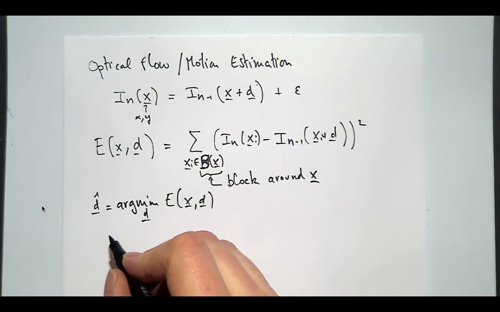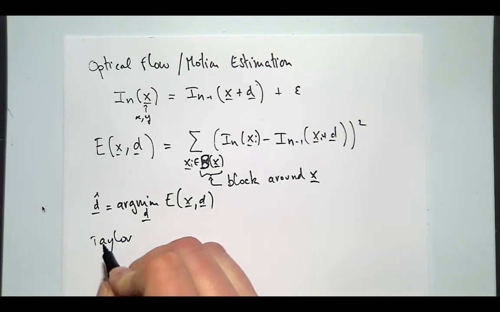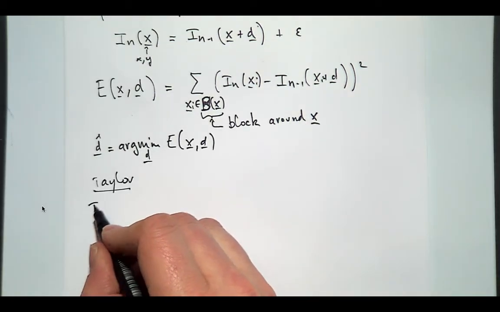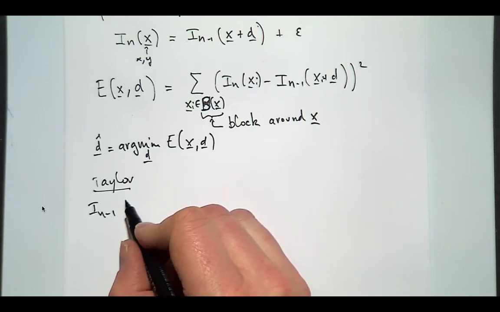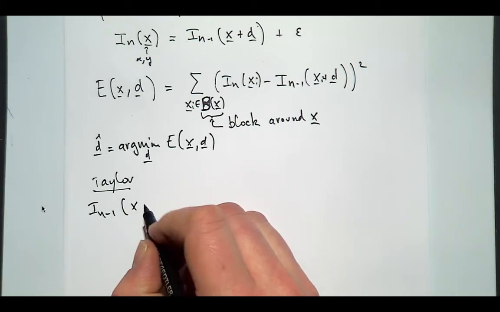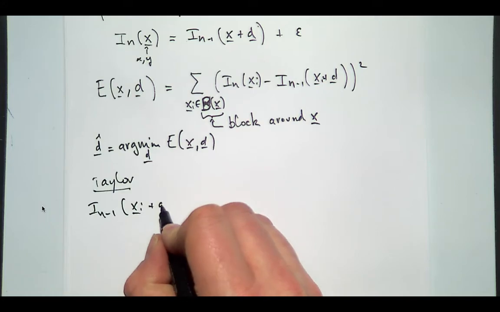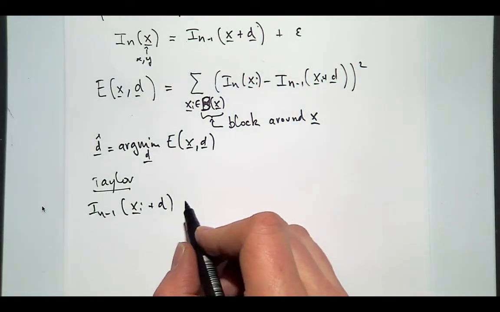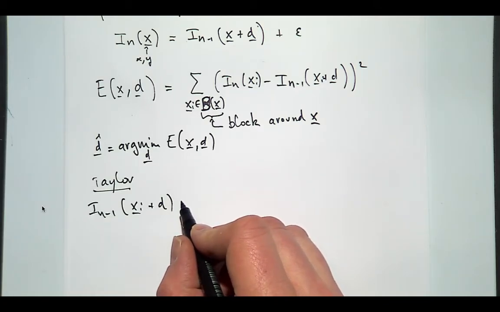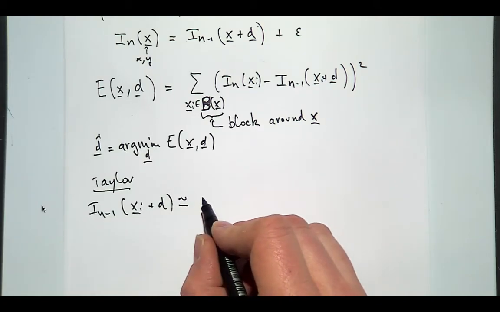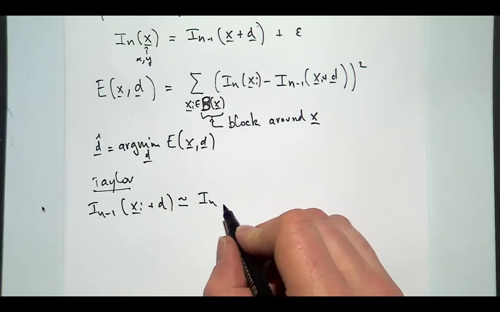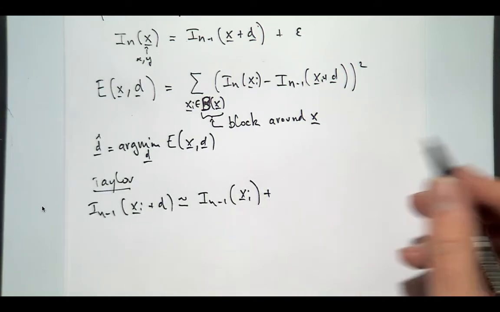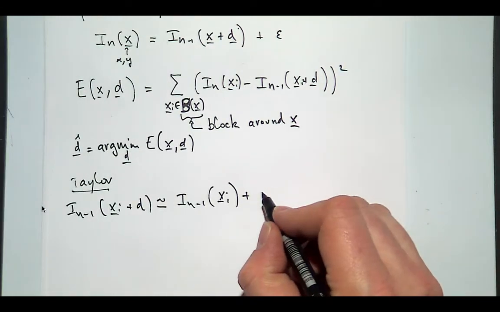So if you use your Taylor series, this is a trick. The last frame, this expression here, is too hard to really work with, but if D is sufficiently small, roughly you have this Taylor expansion you can use.